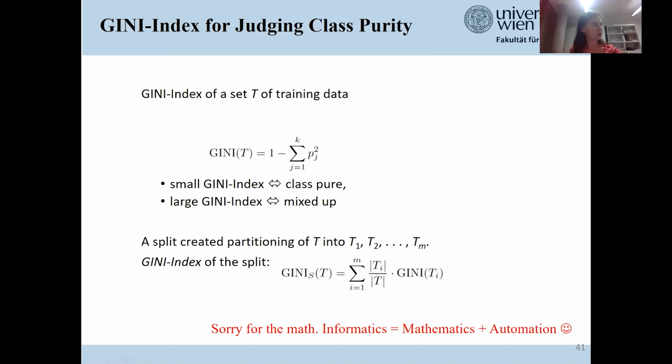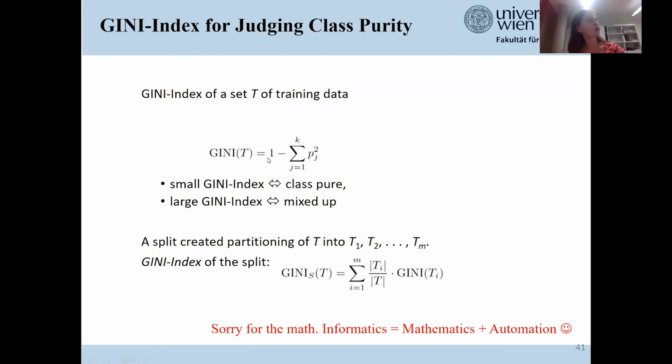And a small Gini index represents a class pure data set. Because when you have only one class inside, you sum up just one term, and this is 1.